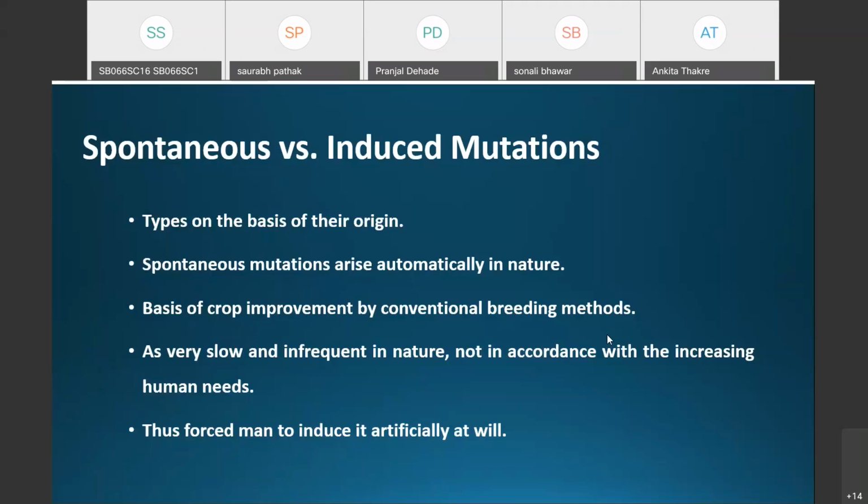Thus the mutation breeding technique was discovered to speed up the method of crop improvement. And that is the difference between spontaneous and induced mutations.